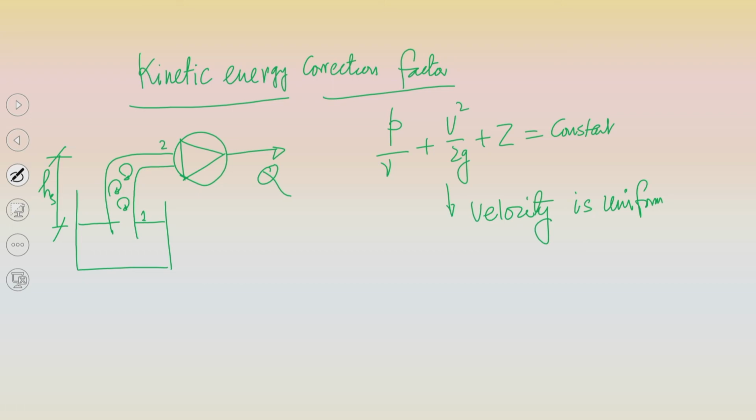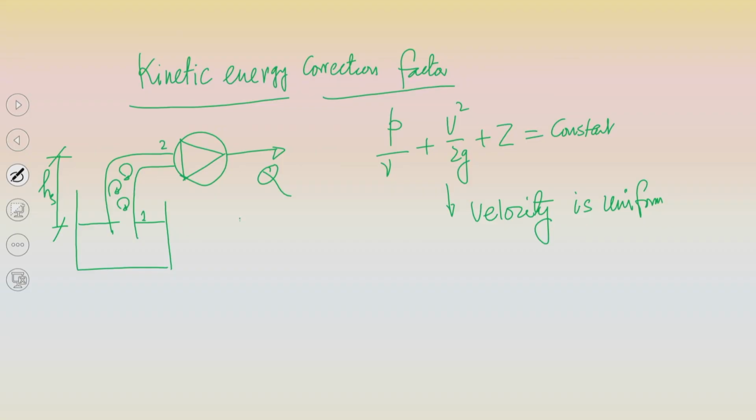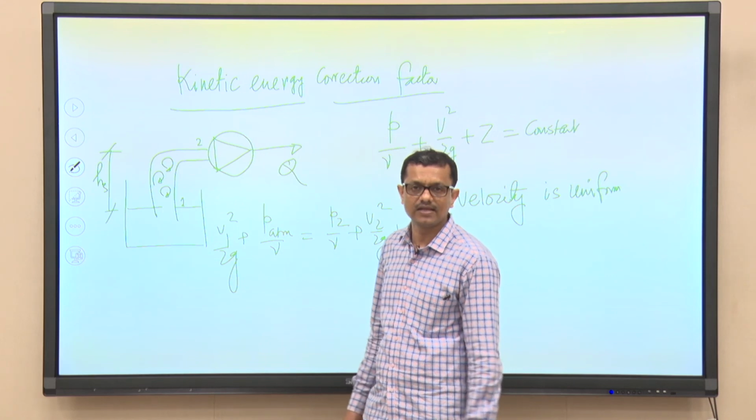If we apply the steady flow energy equation, that means P ATM by gamma is equal to P 2 by gamma plus V 2 square by 2g plus Hs plus Hfs, plus V 1 square by 2g. This is the steady flow energy equation between points 1 and 2. The V 1 and V 2 should be uniform, and that is seldom true for practical applications.